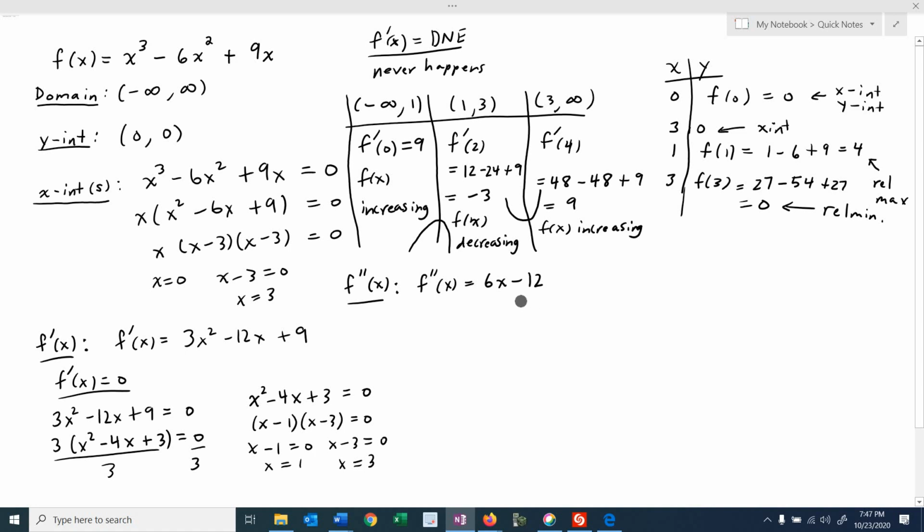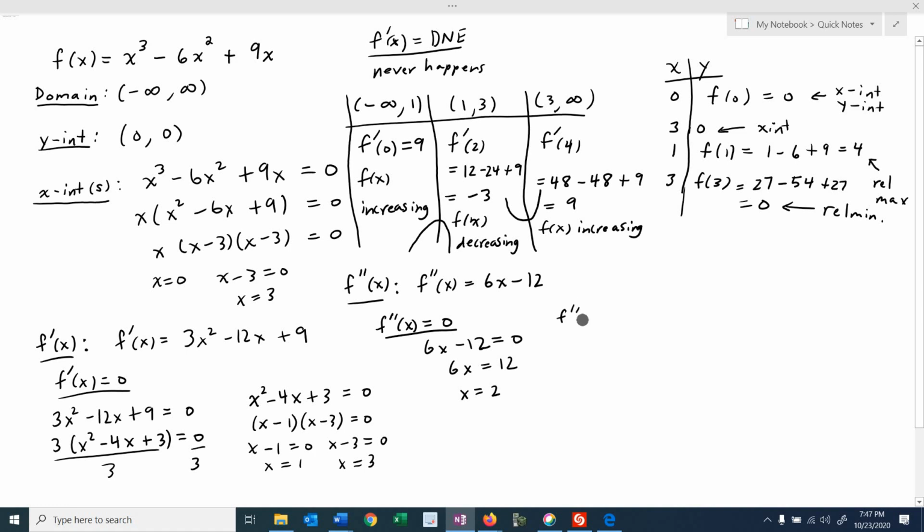The possible inflection points occur when the second derivative is either 0 or does not exist. So let's start with when the second derivative is 0. If you solve this, you're just going to get x is equal to 2, add 12, and then divide by 6.